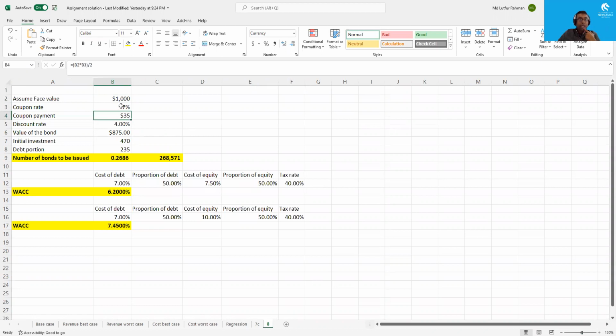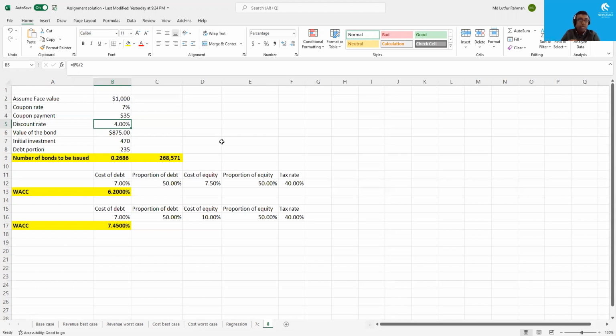So annual coupon payment would be 70, so semi-annual coupon payment is 35. And discount rate should be 8% annually, so 4% semi-annually. Some of you also made mistakes here. You used these rates interchangeably, like you used 8% as the coupon rate and 7% as the discount rate, which is not correct.